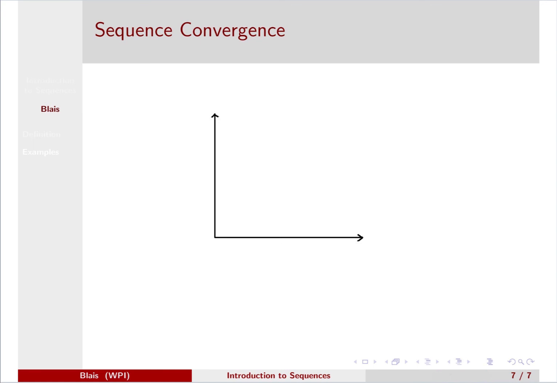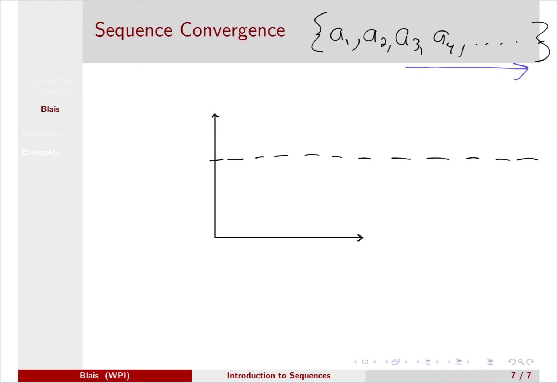Now that we've defined sequences, really the question will become, what does a sequence look like as you march down the line? As you go down the line here, is your sequence getting closer and closer to some number? You've studied this already when you considered the idea of a horizontal asymptote of a function.